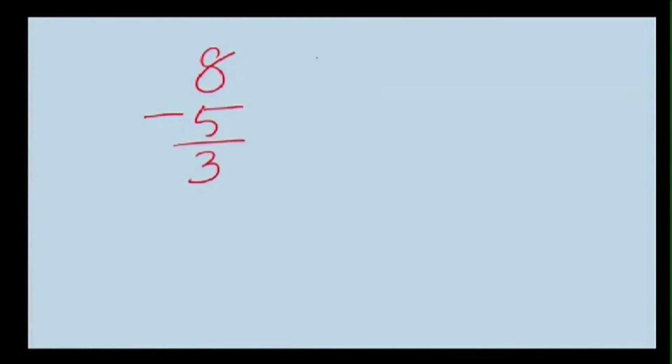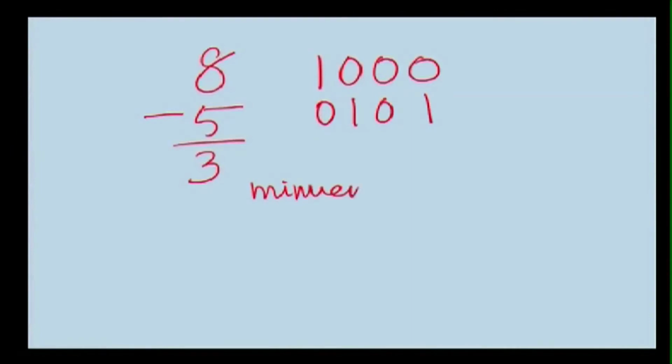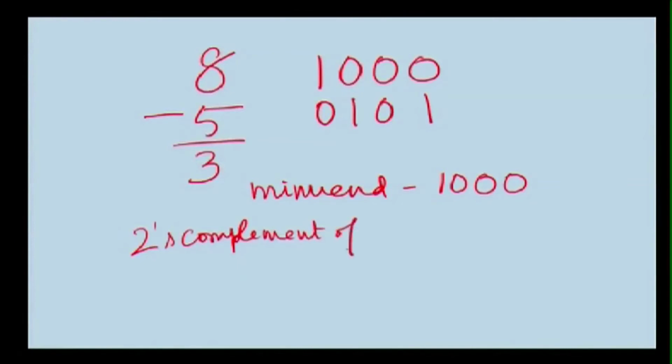What is the binary equivalent of 8? It is 1 0 0 0 and the binary equivalent of 5 is 1 0 1. So, here it is said that we have to take the minuend as it is. Which is the minuend here? The minuend is 1 0 0 0, whereas I have to take the 2's complement of this number, 0 1 0 1.